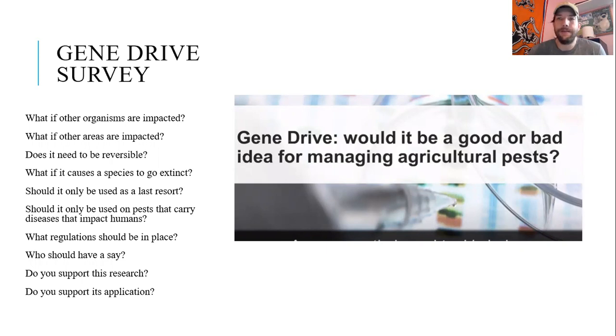Basically, it means you could take a pest species, whether it's an insect or a plant, and insert a gene into it that would spread throughout the whole population. If you inserted a gene, say, that made everybody who has it become a male, you could drive that population to zero or close to zero because there would be no females left, right? So this is a way to eliminate pest species.